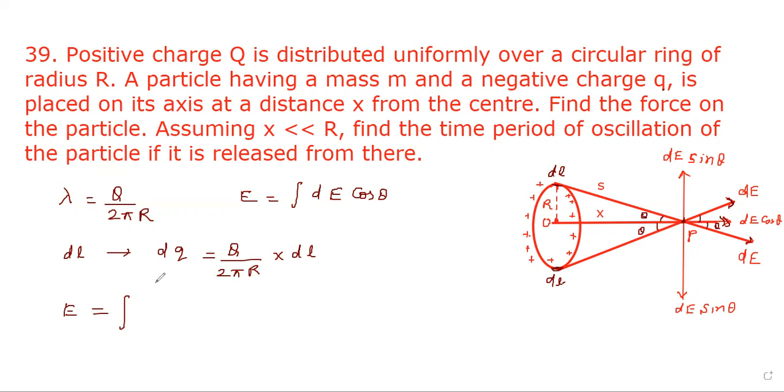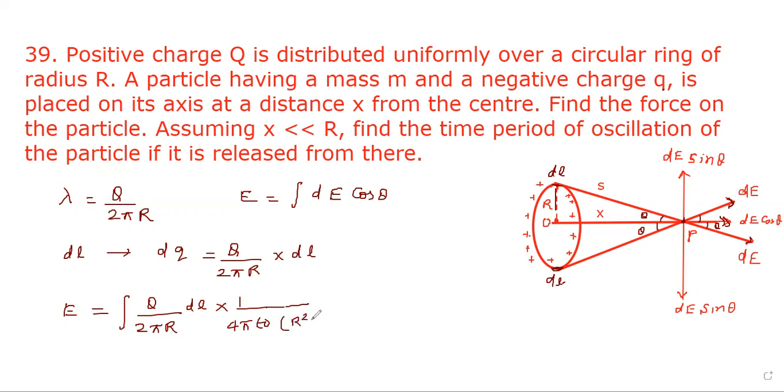Now electric field E will be equal to integration dE. So charge, that is Q upon 2 pi r dl times 1 upon 4 pi epsilon naught and distance squared. If this distance is r, this distance is x, then s will be square root of r square plus x square.